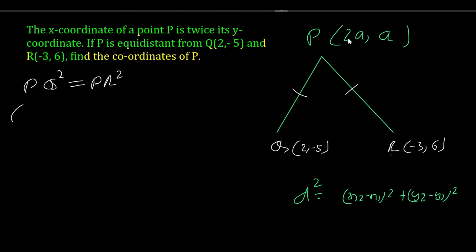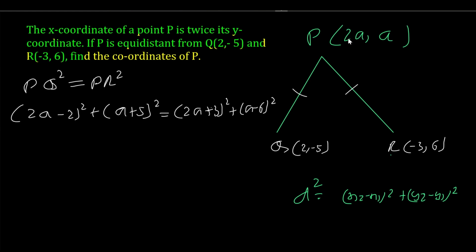PQ is what? I'm considering this as 2 and this as 1. So x2 minus x1 whole square, that is 2a minus 2 whole square, plus y2, that is a minus minus 5, that is a plus 5 whole square, is equal to PR. So again, this is 2 and this is 1. So it's going to be 2a plus 3 whole square and then a minus 6 whole square.